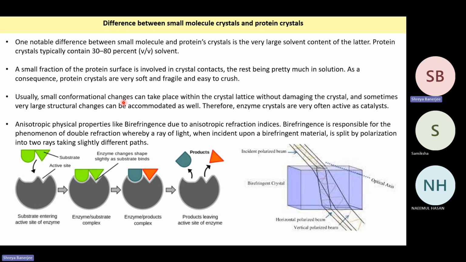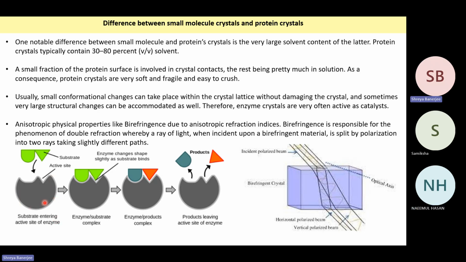Another thing is that because of the presence of solvent inside the crystal, small conformational changes can happen within the protein crystal without damaging the crystal. And because these conformational changes can happen, a protein in crystal form can also act as an enzyme.